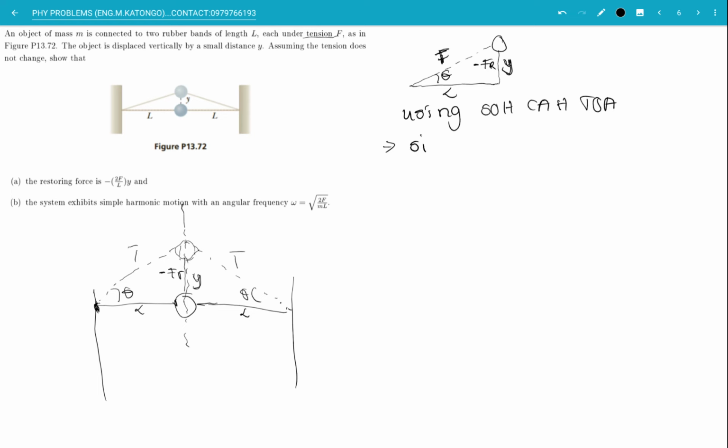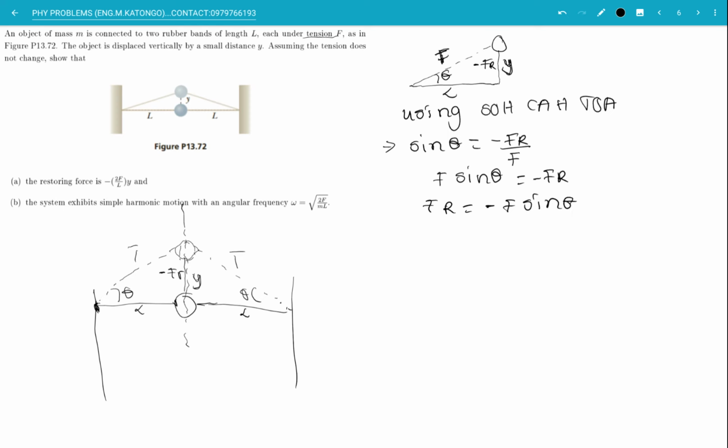So we'll have the sine of theta is equal to the opposite, which is negative of FR, over the hypotenuse, which is the tension F. Therefore, F sine of theta is equal to the negative of the restoring force, where we have the restoring force being equal to negative of F sine of theta.